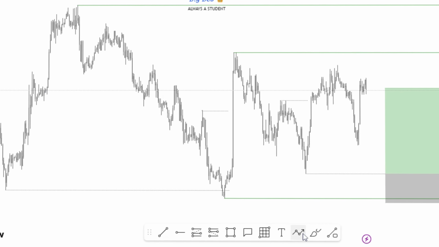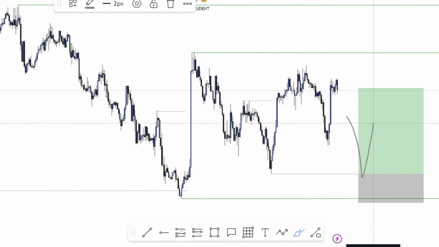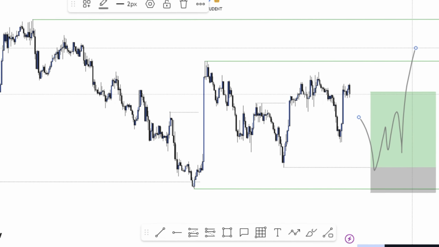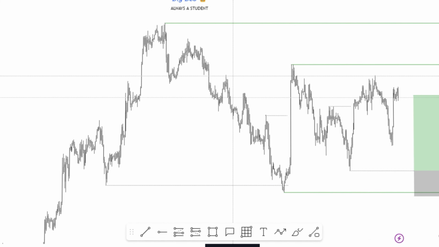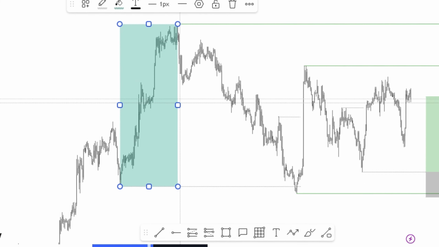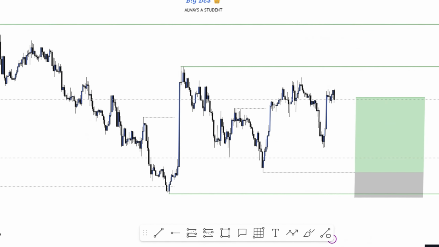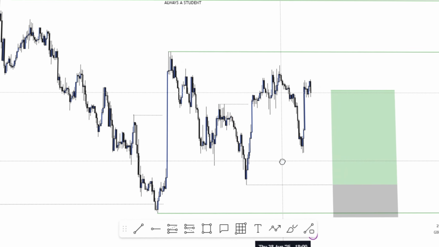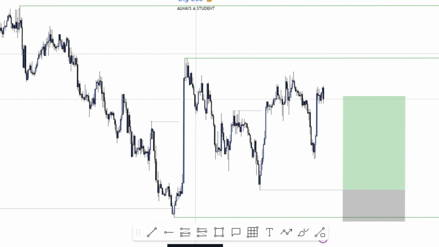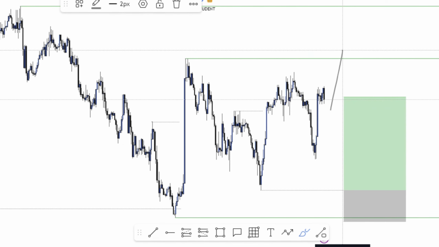So maybe next week we expect price to come into our entry, and then mitigate and take us up there, within this whole leg. This is where I'm taking my trade. For there to be an assurance that price is going to go for this high, this high has to be broken.